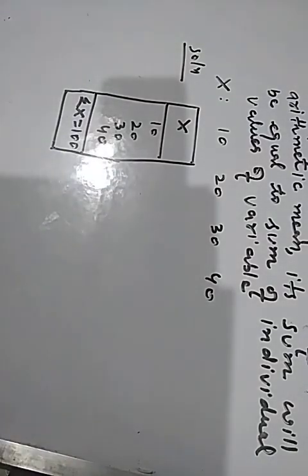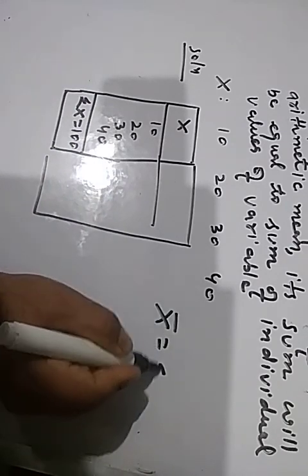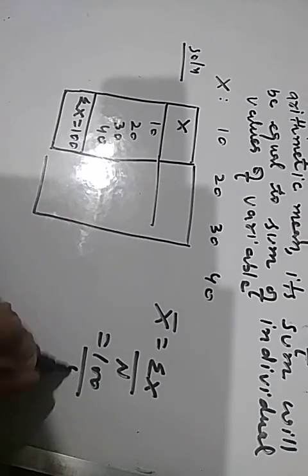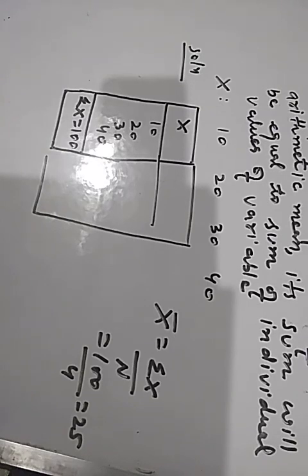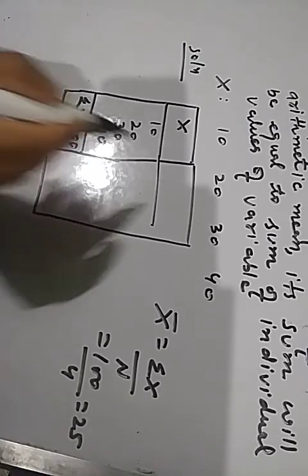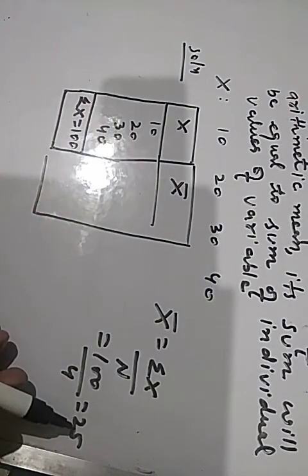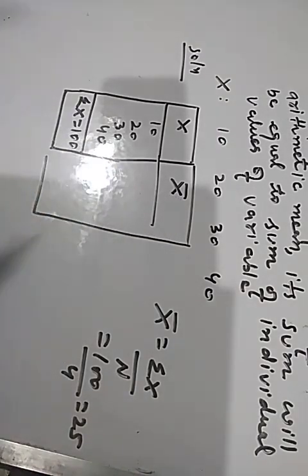Now we will take the value of the arithmetic mean in place of these values. We will replace these values by the value of the arithmetic mean, that is 25, which we calculated earlier. Now x bar, which is the arithmetic mean, has a value of 25 in this example.